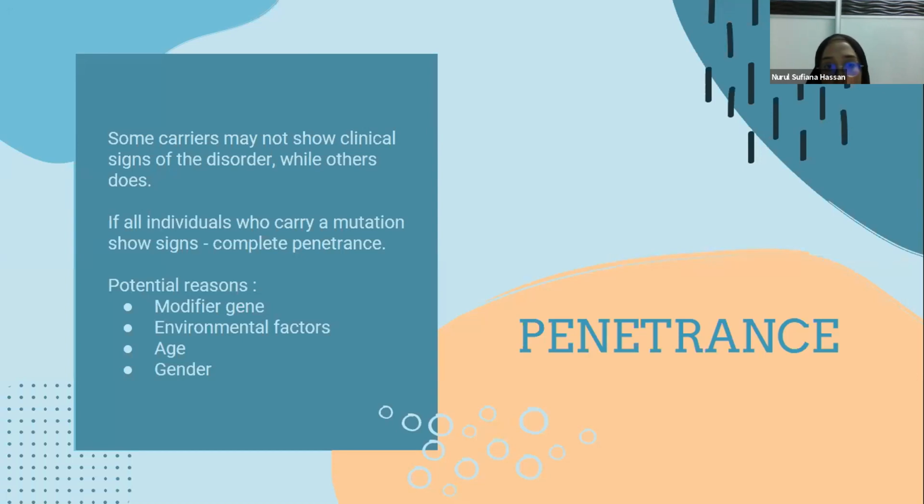So, if all individuals that carry a mutation for an autosomal dominant disorder show the signs of the disorder, then the gene is said to have complete penetrance. There are potential reasons for different penetrance in different diseases: modifier genes, environmental factors, age, and gender.